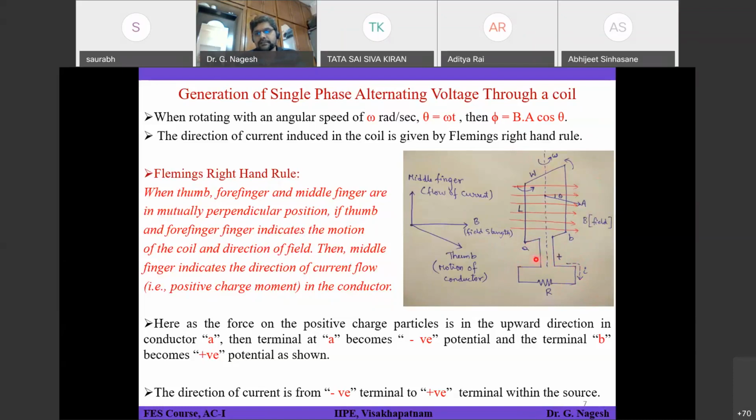So that's what is happening. These positive and negative signs are correctly indicated here. Because this is a generator, if you see an independent voltage source in DC circuits, I have given plus and minus. So what is within that independent source? It is this one, right?